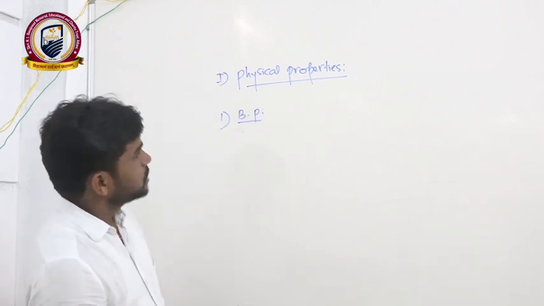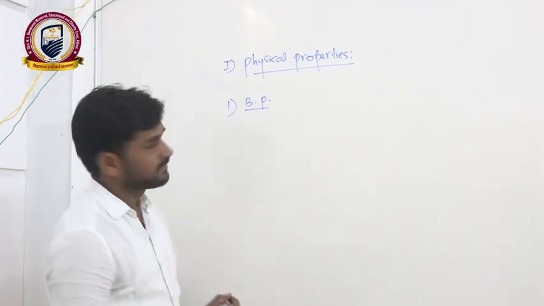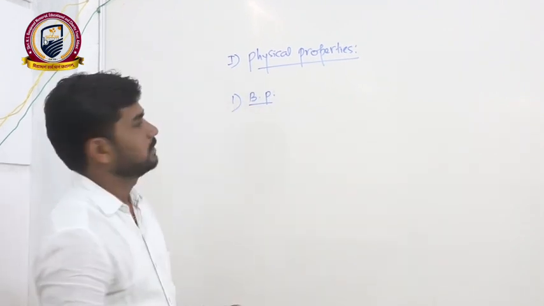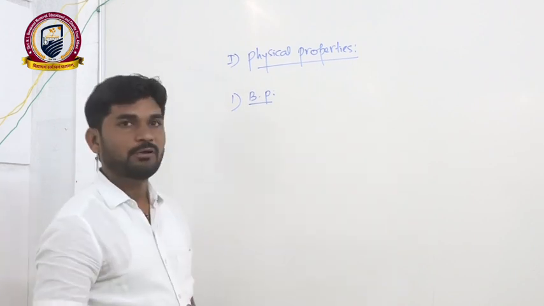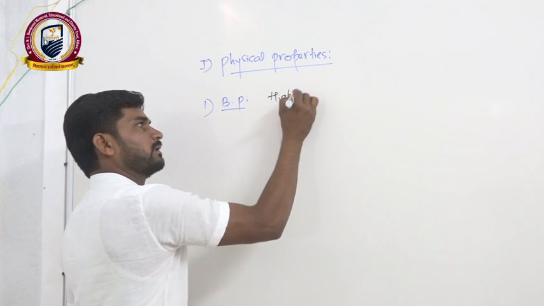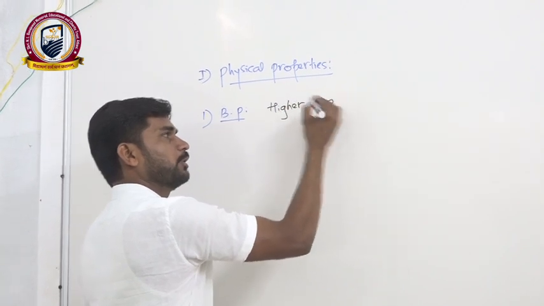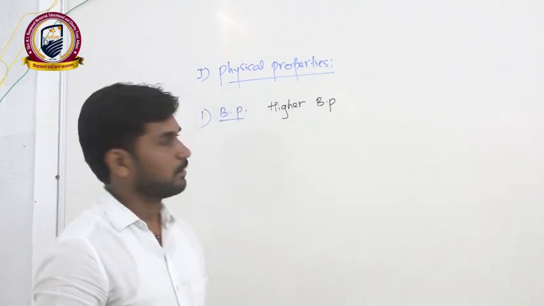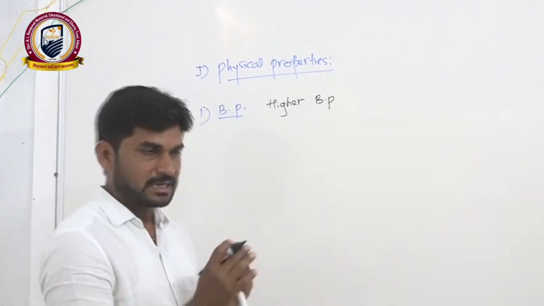In the case of properties, the first one is physical properties. In that, we will be discussing the boiling point. We have to talk about the boiling point of phenols. So phenols have higher boiling points, due to the increase in the number of carbon atoms.